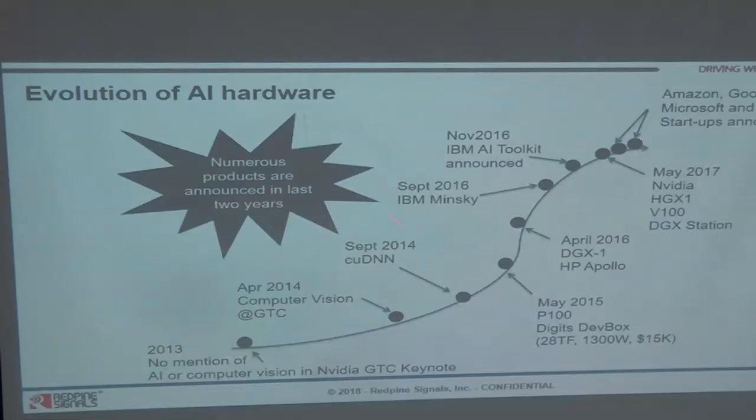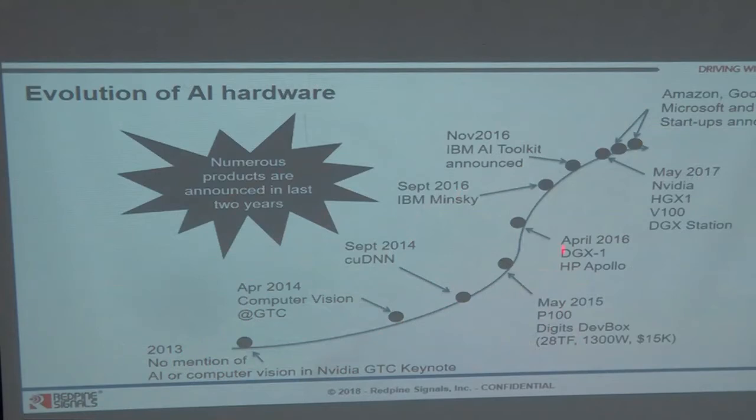And a big portion of that conference is actually devoted to academics. And there was no mention of AI computer vision in 2013. In 2014, Jensen, who's the NVIDIA CEO, talked about computer vision. Again, no mention of AI. But then suddenly AI came into the picture, and NVIDIA created the Pascal P100 around 2015.